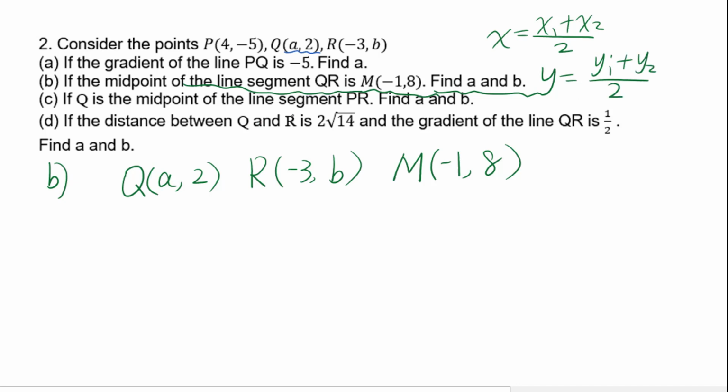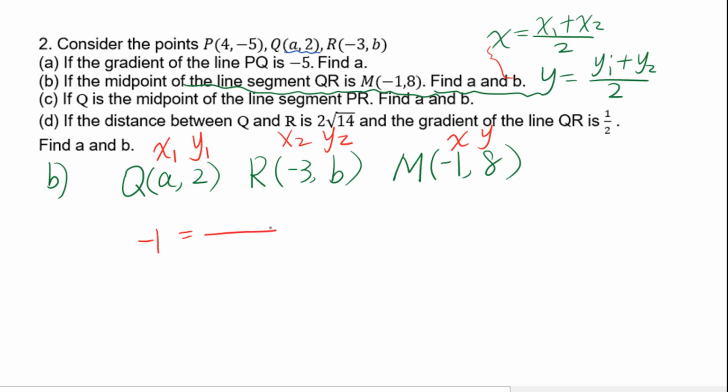For midpoint or endpoint problems, it's very important to label your coordinates. Midpoint we label as x, y. Endpoints you can label as x1, y1, x2, y2. Then you will use these two formulas to set up.